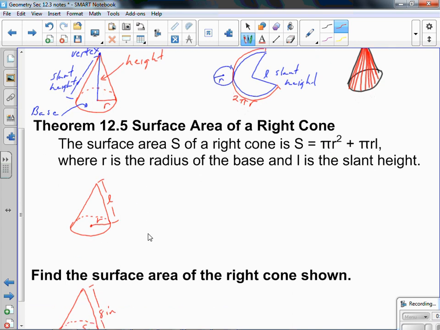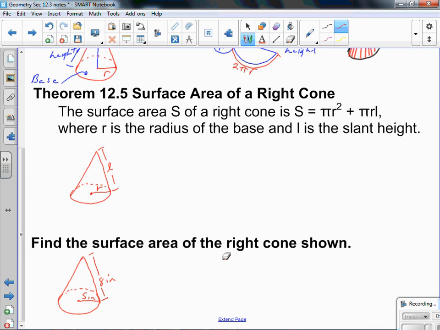So, we find the surface area of the right cone shown. We only have to know two things in order to find the surface area of a cone. We have to know the radius and the slant height. And the radius here is 5 inches.